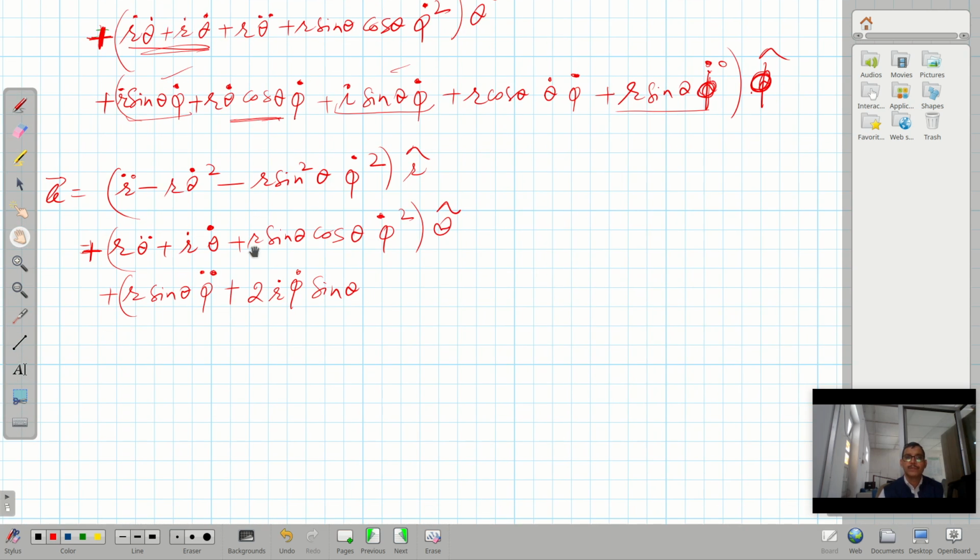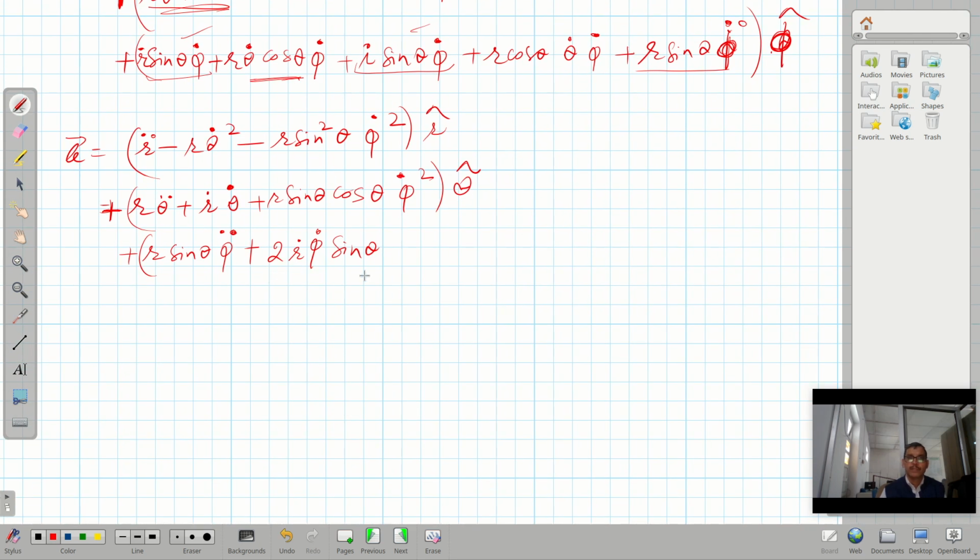So what will it be? This is r cos theta, plus r cos theta, theta dot and phi dot. This is one term and this is another term, so these two are put together, and it is phi cap.